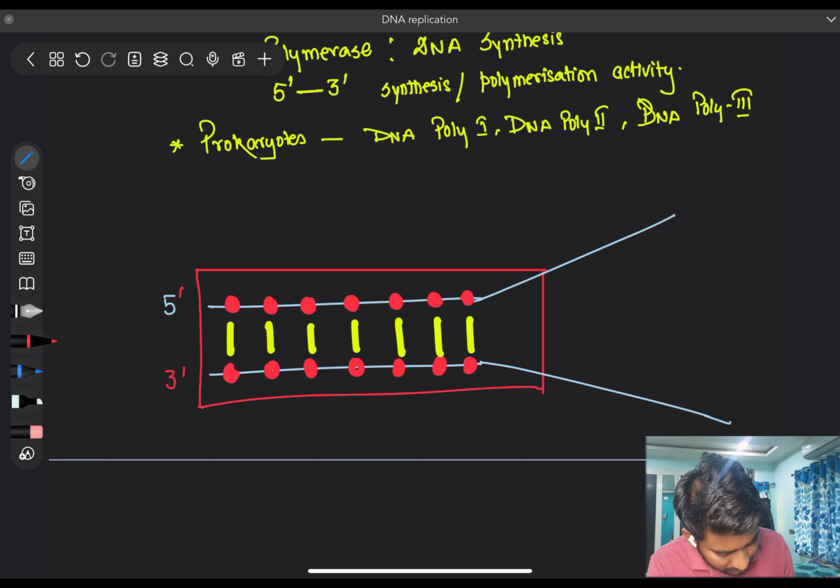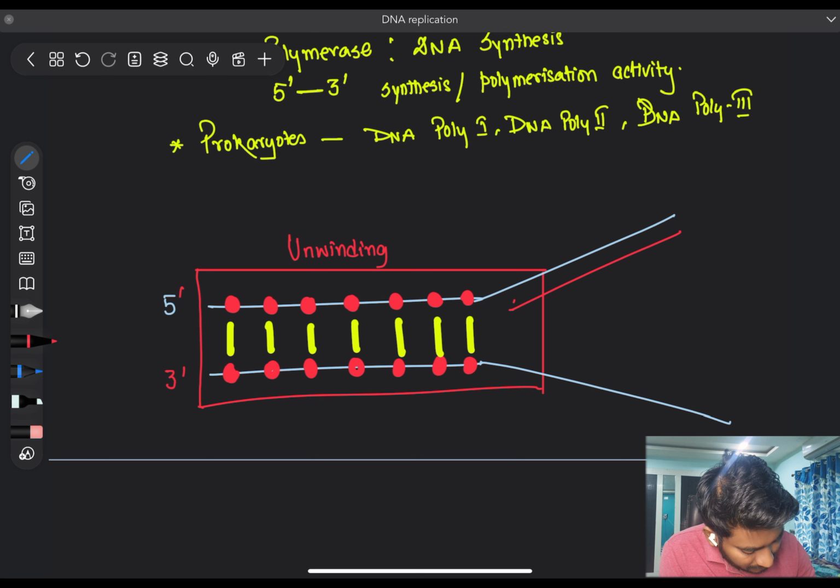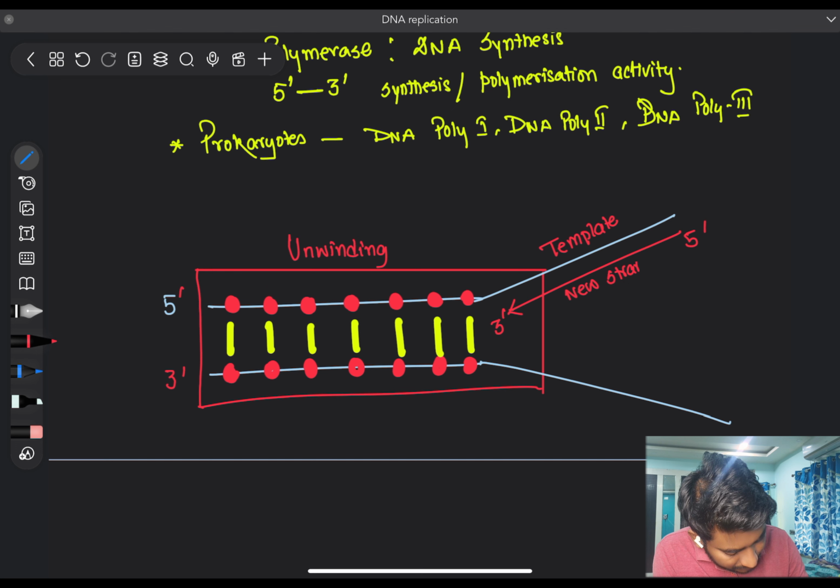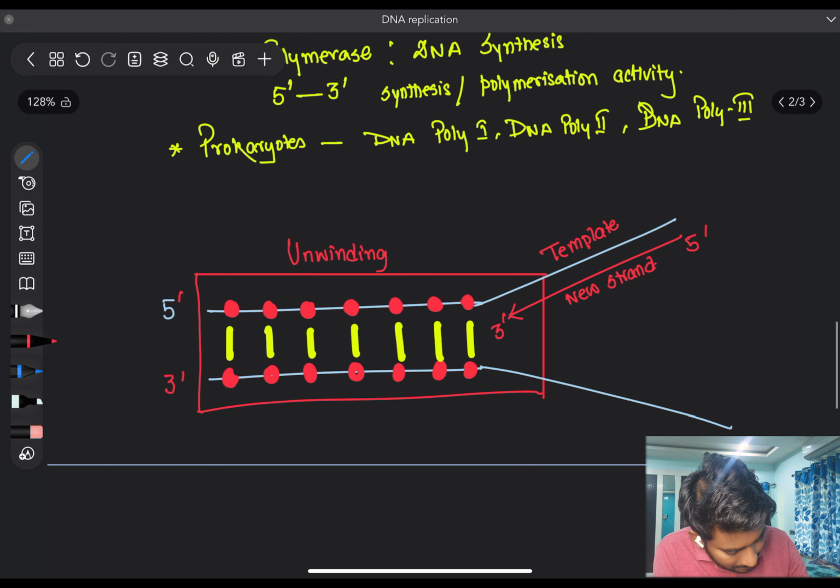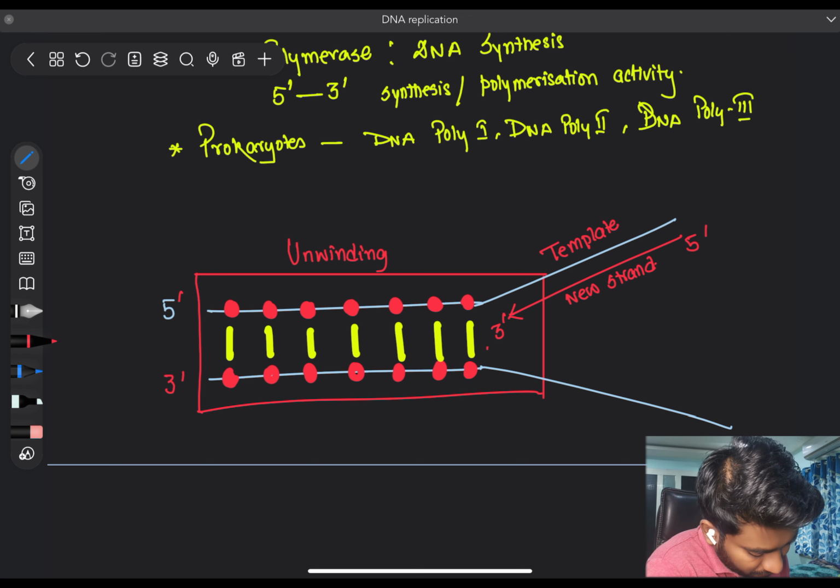Okay, now this strand, 5 prime to 3 prime, is called the template strand. Okay, got it? And the new strand here.